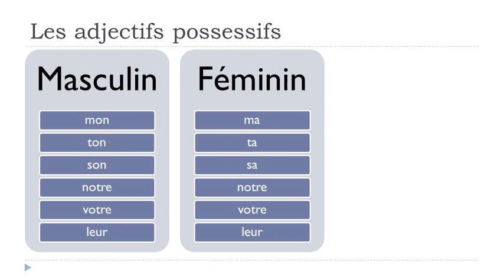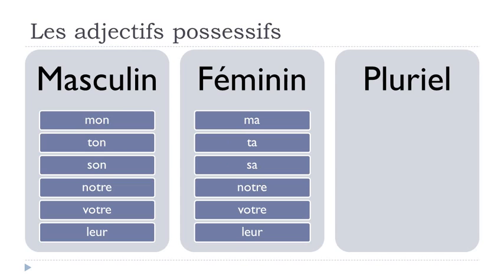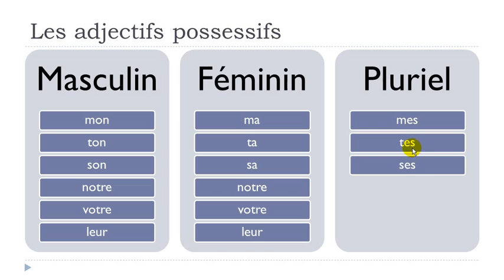Okay, and now let's see the plural part here. For the phonetical or pronunciation aspect of it, remember that this es here combined will give you the sound e. So you'll pronounce it like me, te, so logical, same pronunciation here, te, se. Alright, so me, te, se.